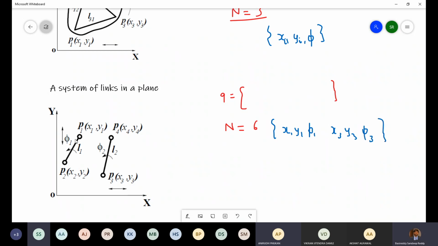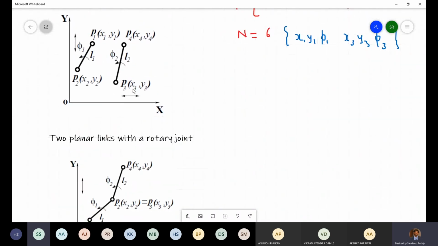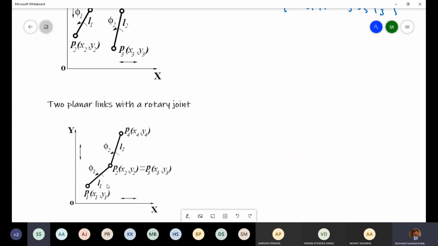Now let us, from these 2 points, try and create an open chain. Let us join, for example, the point P2 and P3. This P2 I'm joining to P3 to create an open chain, right? So in this case, what will be the dimension of the configuration variables?